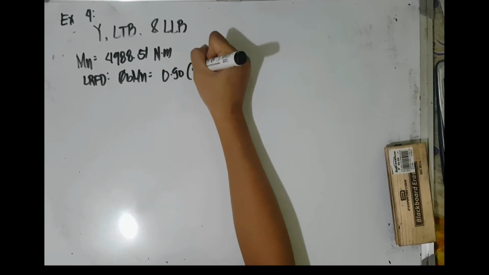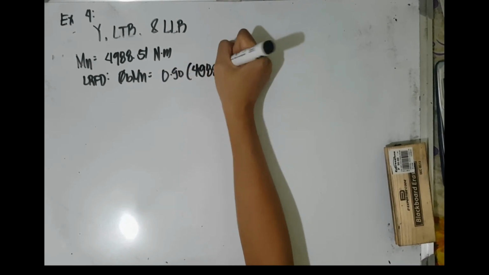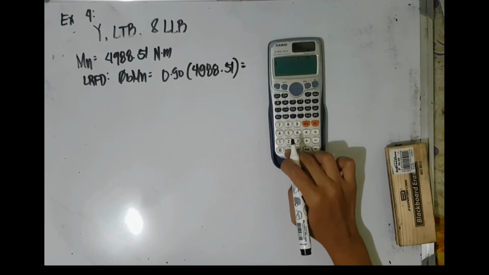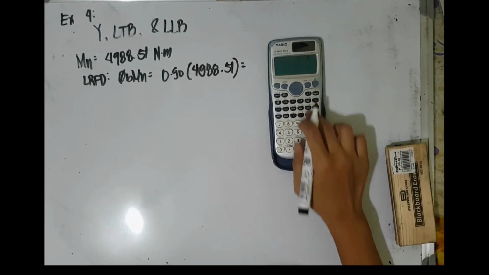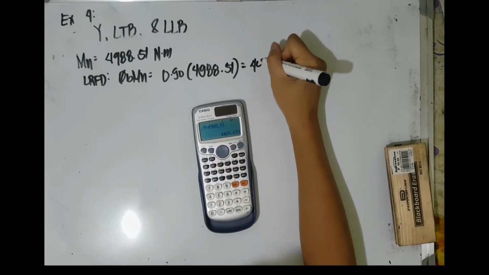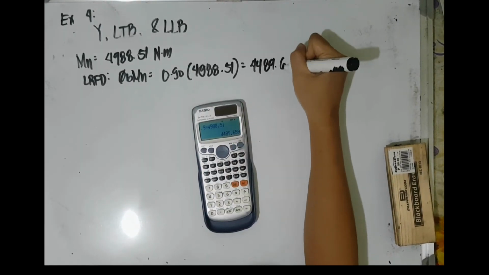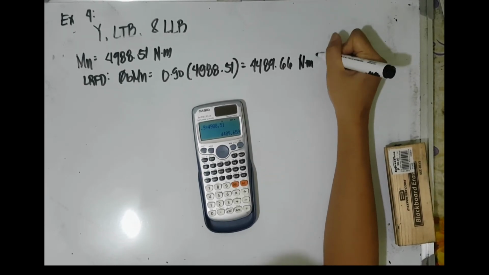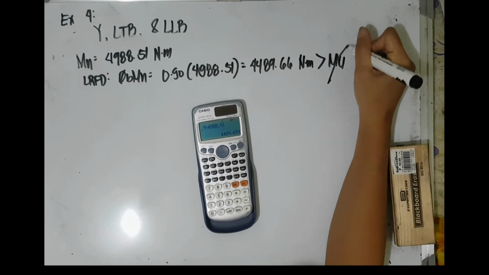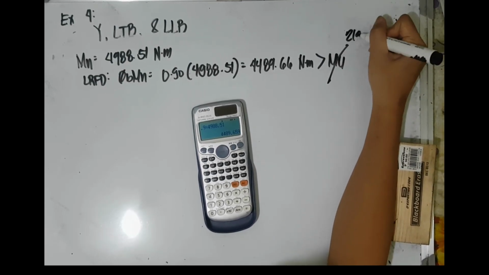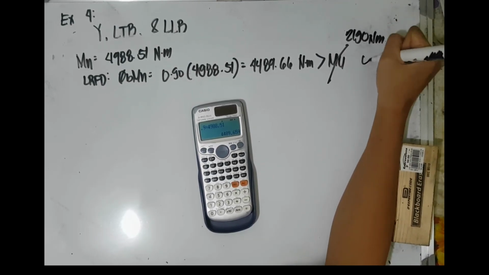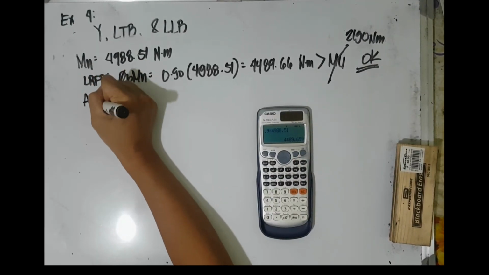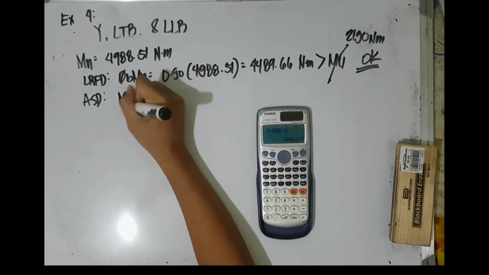So it is equal to 4,489.66 Newton meter. And comparing it with our required flexural strength, which is only 2,190 Newton meter, therefore this is safe for lateral torsional buckling under LRFD.